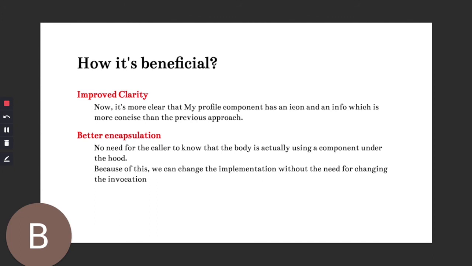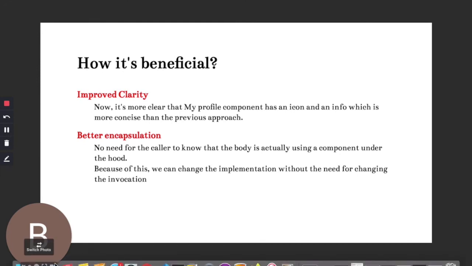We have already stated that improved clarity and better encapsulation are our benefits. How is improved clarity achieved here? While giving our yielded property and calling our inner components with it, it makes more relevance and is more concise than our previous approach. Thus clarity is achieved in a better way.